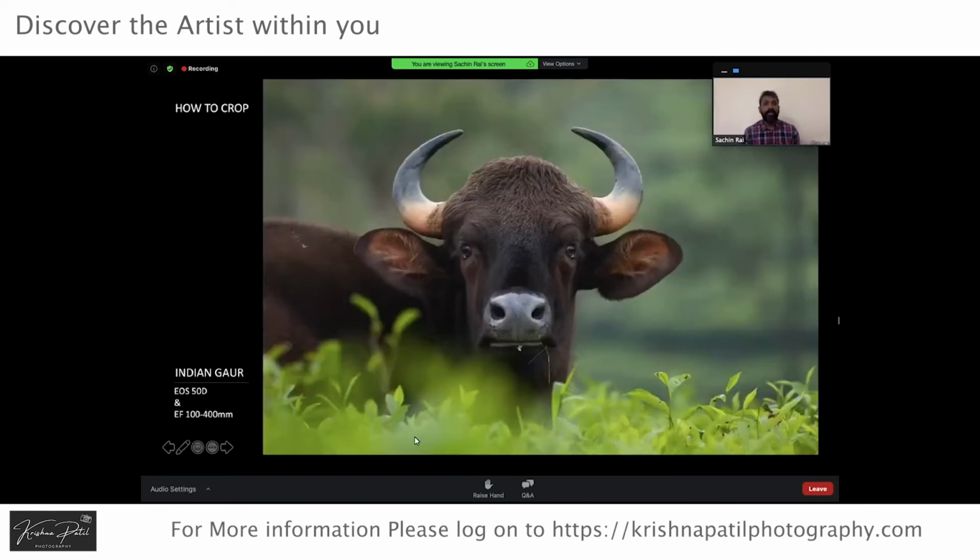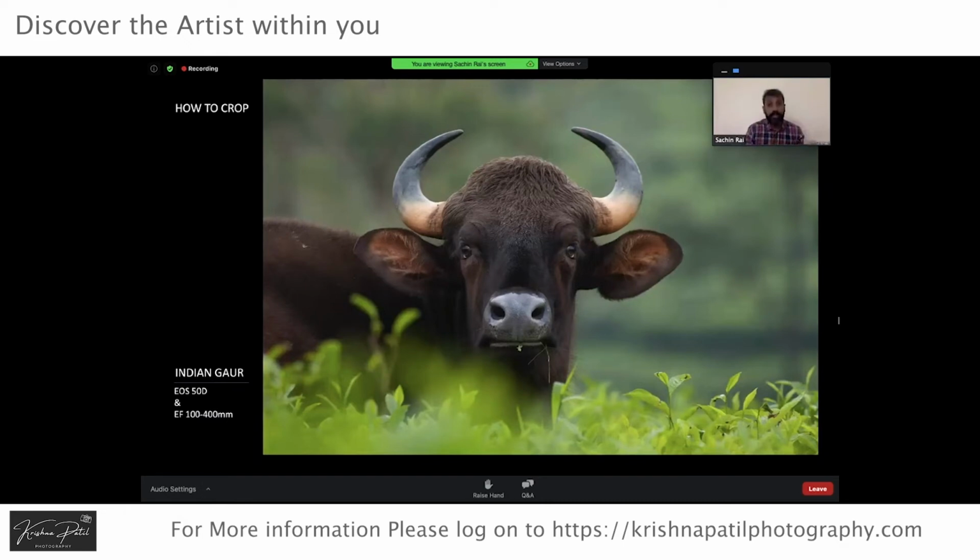Now if you have to zoom in, and let's say you cannot zoom out and still can't accommodate the entire animal, what you do is don't zoom out, zoom in more. You retain around 35% of the animal and omit around 60 to 65%.